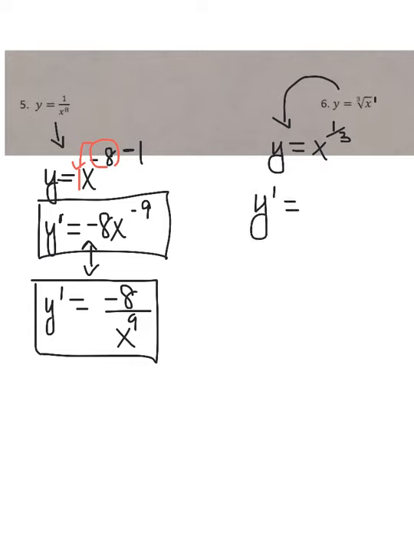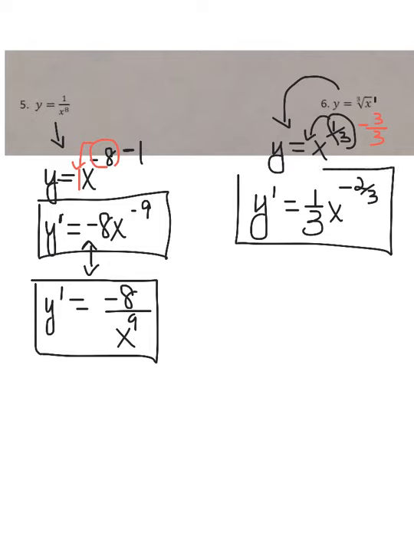So we take that exponent, we multiply it by the number in front, which is just a 1, right? So that's going to become 1/3 x. And then remember here, we are going to subtract 1 from it, but I'm going to write it as 3/3. So it just makes it easier for me to do the mental math in my head. So 1/3 minus 3/3 is negative 2/3. Alrighty? Okay, so that technically is your answer.